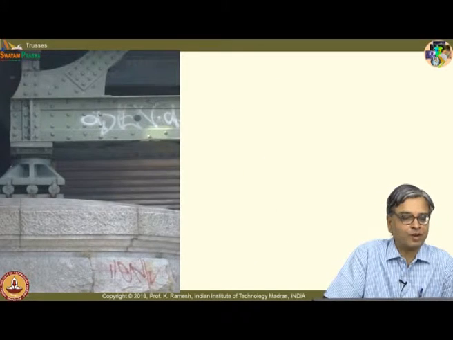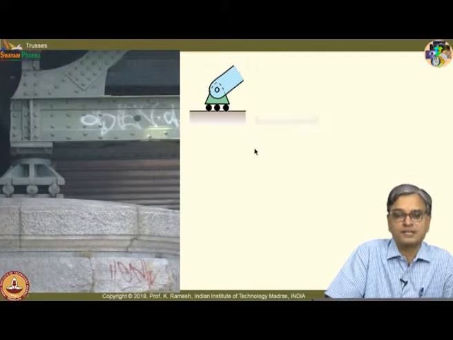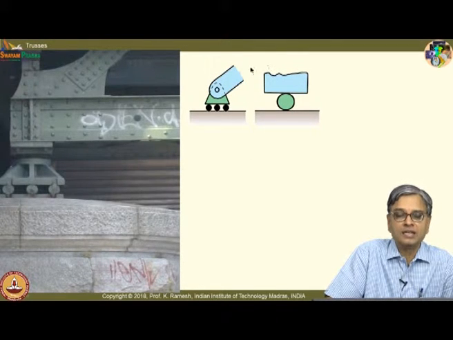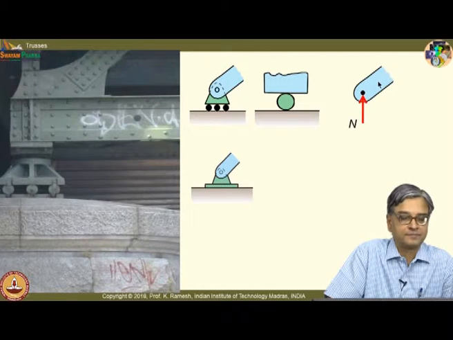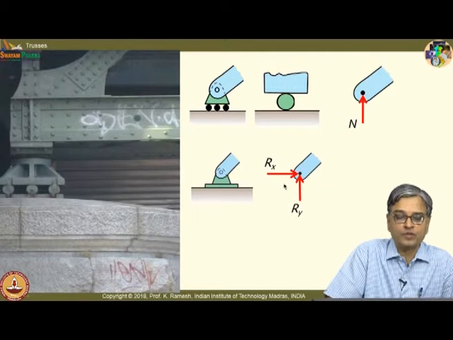So, we have seen in one of the classes earlier how a huge truss bridge is supported on rollers. And from the analysis point of view, we need to know what are the unknowns that we have, how do we model these supports. We have already seen the roller support can be replaced by a normal force acting on the member. On the other hand, when I have a pin joint, I can have two forces because I do not know which direction the force is.